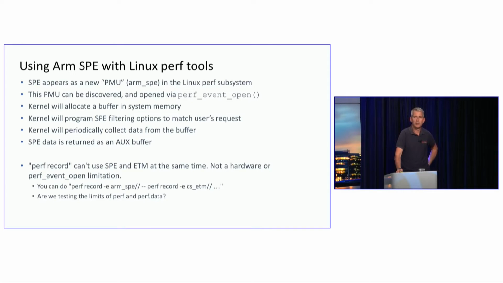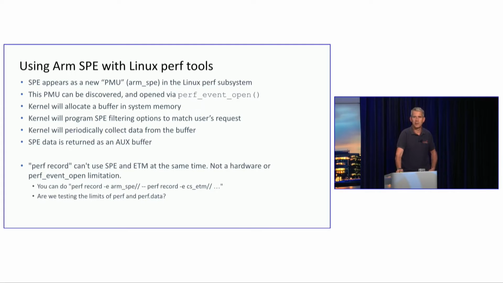That's not a hardware limitation. It's not even a kernel limitation. It's just, I think, because of the limitations of the perf data format and the fact that aux buffers have to be aligned with one particular trace type.